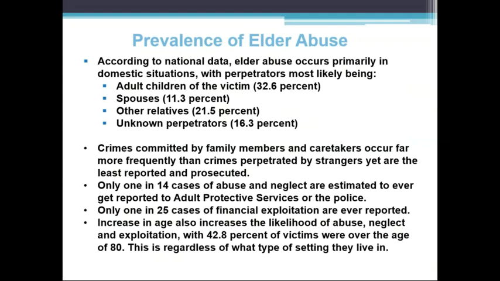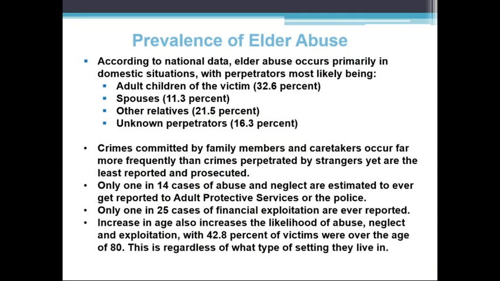So prevalence of elder abuse, just to hit on a couple of these points, is according to national data, elder abuse occurs primarily in domestic situations with perpetrators most likely being adult children of the victim at nearly 33%. And crimes committed by family members and caretakers occur far more frequently than crimes perpetrated by complete strangers.